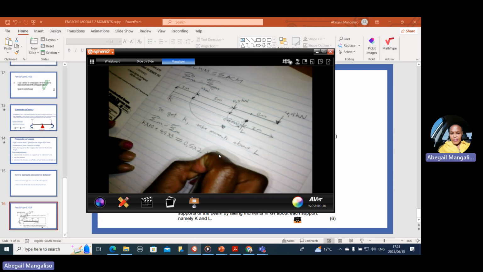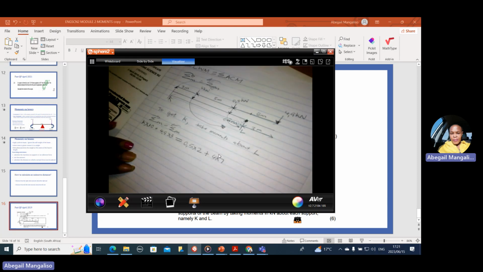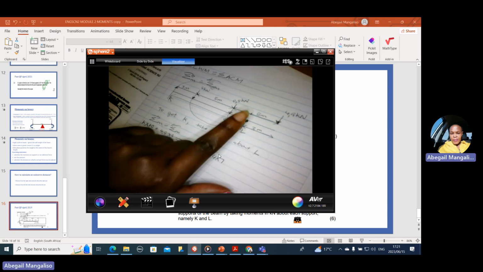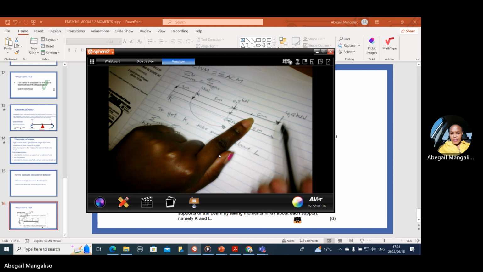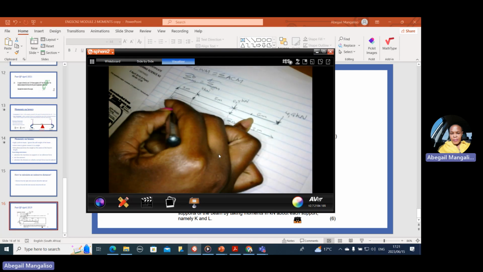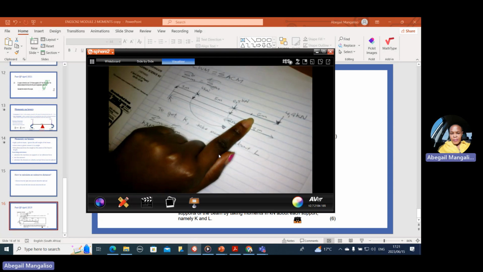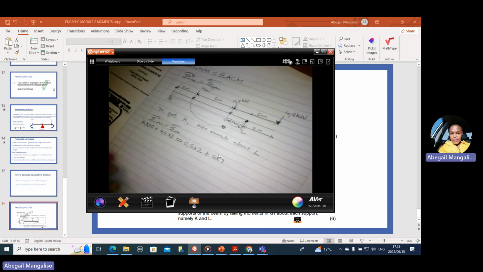So it will be 4 times 7. Now, if this point is fixed, 1, 2, 3, 4 are free to rotate the structure. Let me count the set of moments: 1, 2, 3, 4. So all the forces are included.